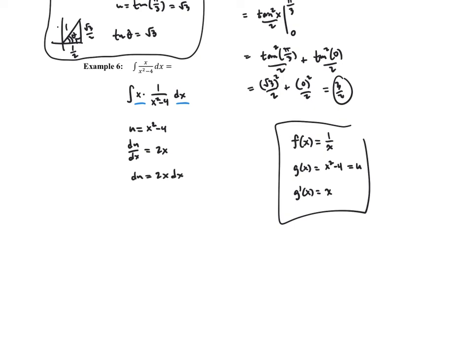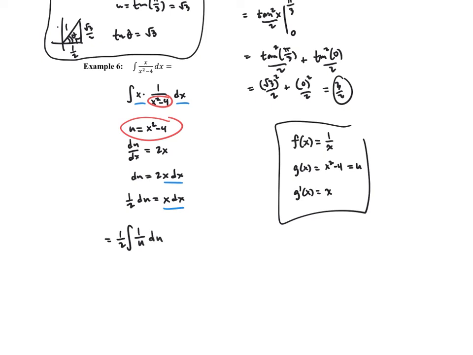Well, I want just x dx. So like I've done before, I'm going to divide by 2, and I get x dx. Nice. So I can replace x dx with 1/2 du. So the original integral is going to be equivalent to 1/2 the integral of, now check this out, 1 over u du.